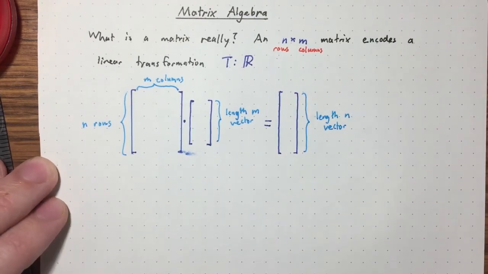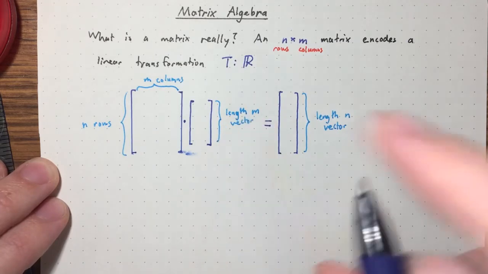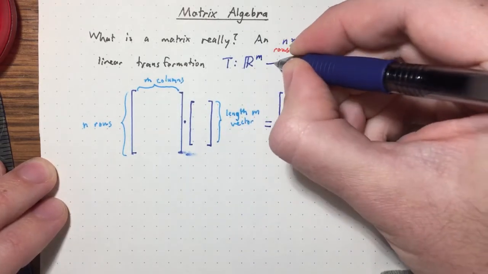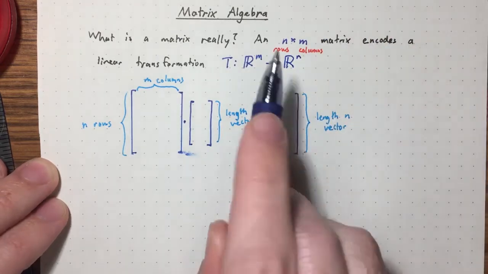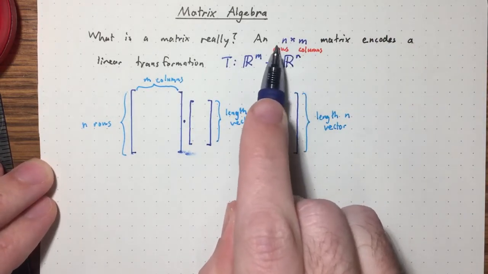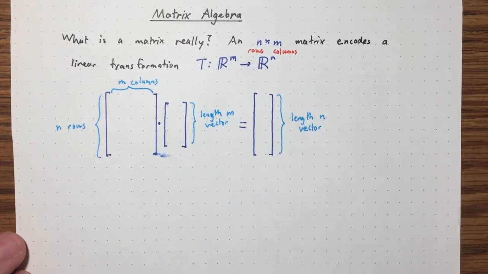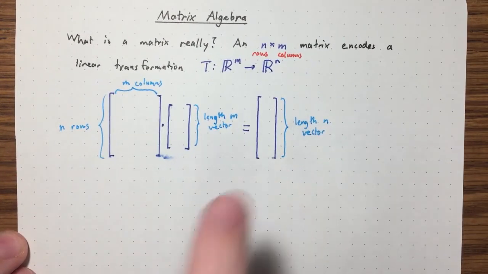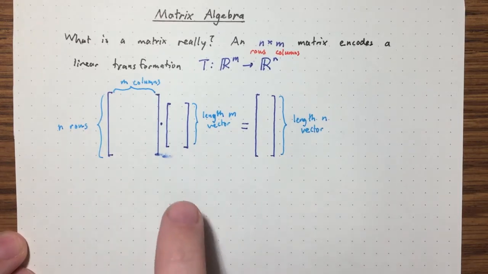So our transformation is taking a length m vector, and we're spitting out a length n vector. And as you can see, it's a reverse order here. So this is a source of a lot of confusion. But I like to think about it this way, just by writing out the equation.